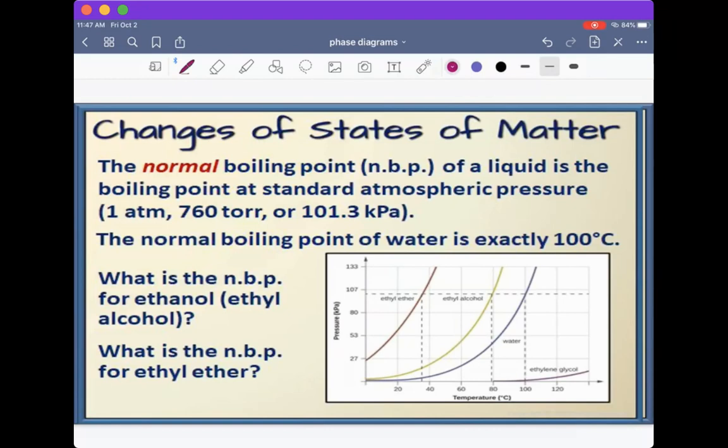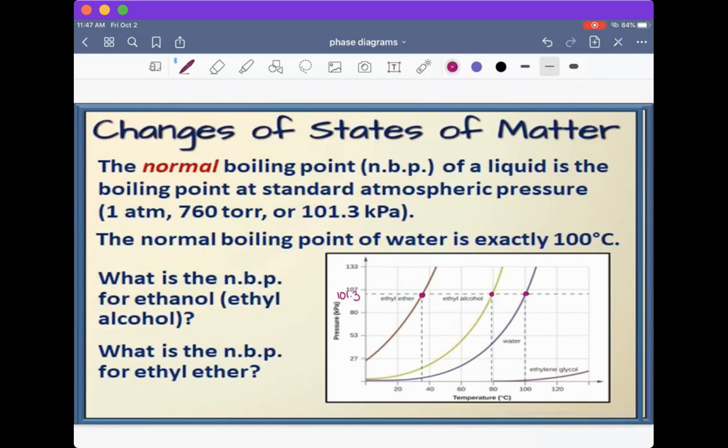So you can see the pressure and the temperature at which these liquids started to boil. If you look at standard atmospheric pressure, which in kPa is 101.3, you can find the temperature at which each started to boil. And this gives us our normal boiling points for these four substances.